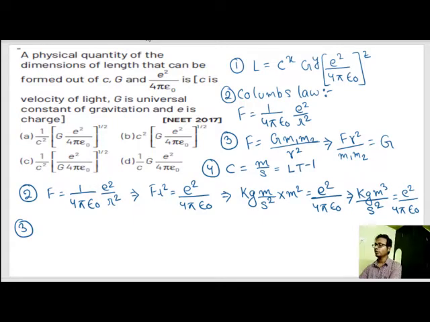gravitation, we already derived F R square by m1 m2 is equal to G. So the unit of force is kg meter per second square.